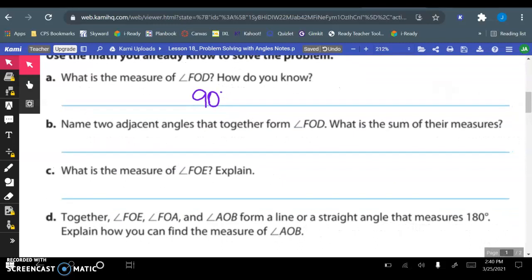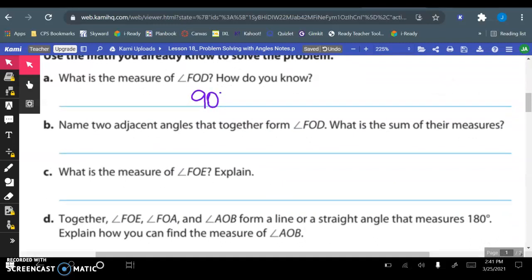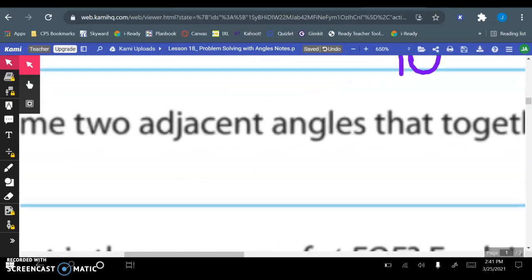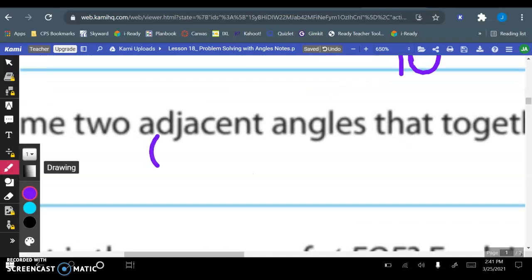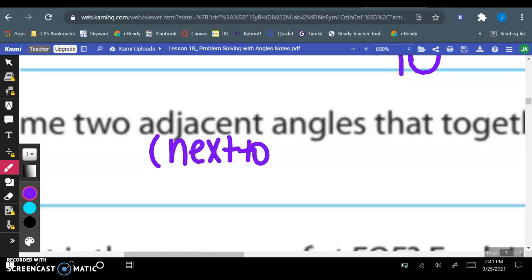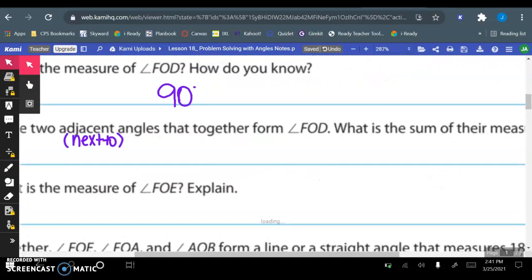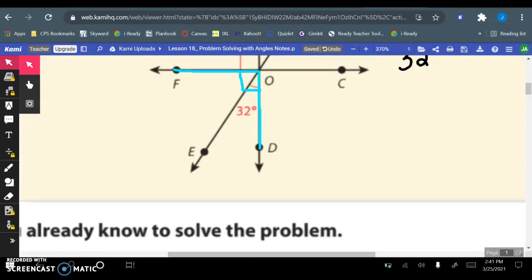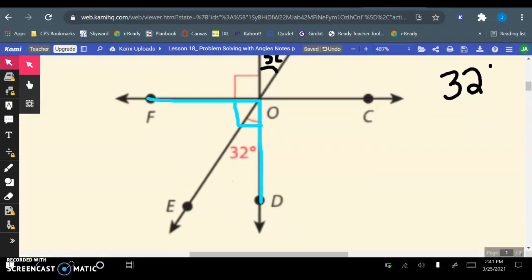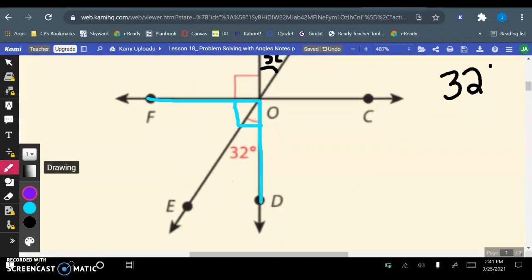Name two adjacent angles that form FOD. So let's talk about the word adjacent. And that just means next to. So which two angles that are adjacent together form angle FOD? So let's go back up here. And FOD there is in the blue.